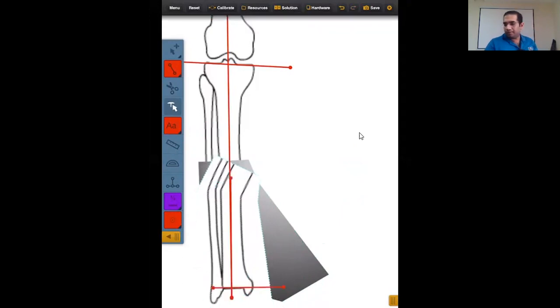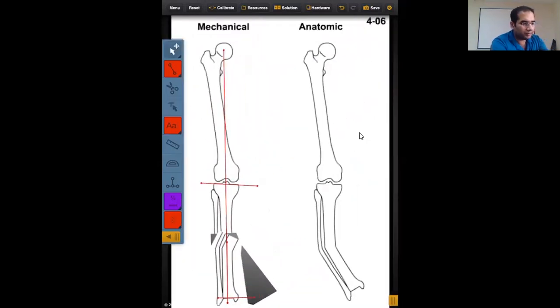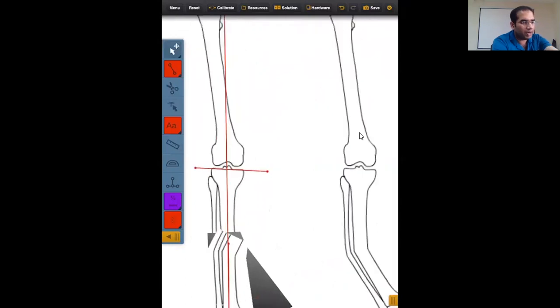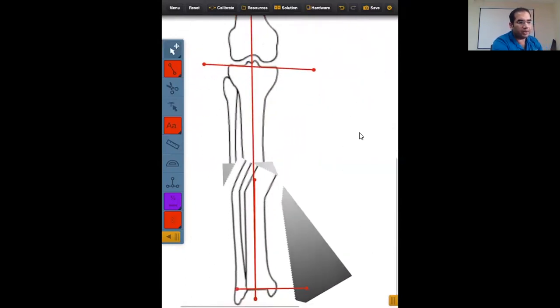As you can see, the deformity has been corrected and the joint orientation lines have been restored, but we have corrected the deformity by creating a translation over our osteotomy site.